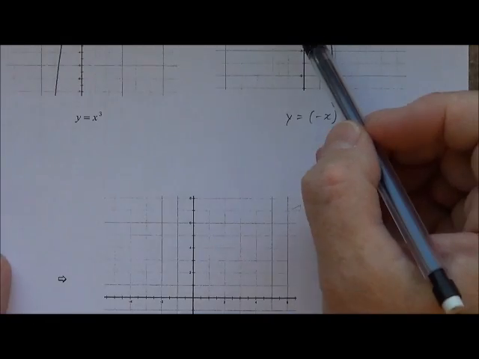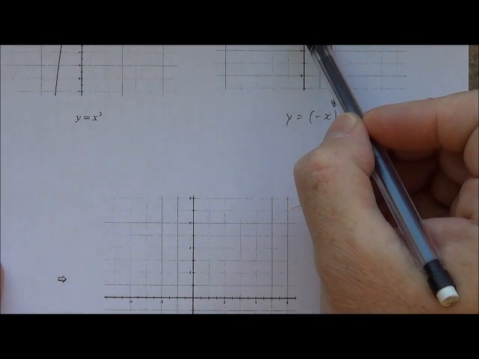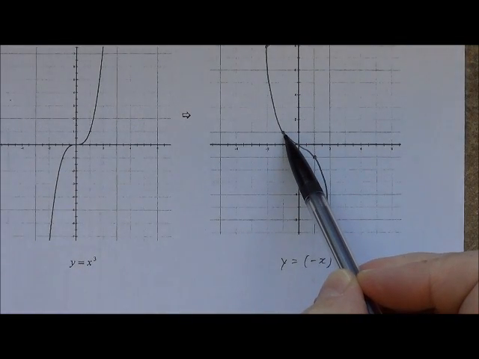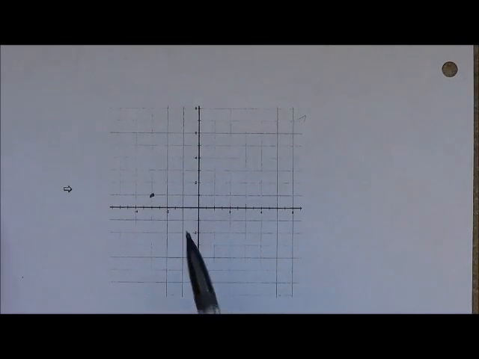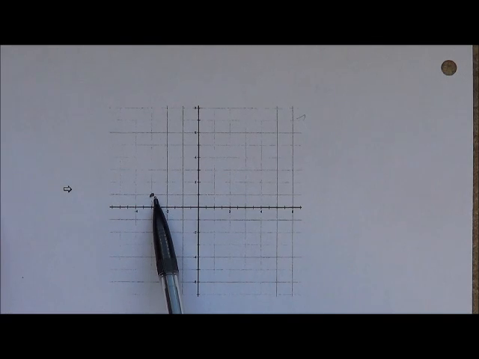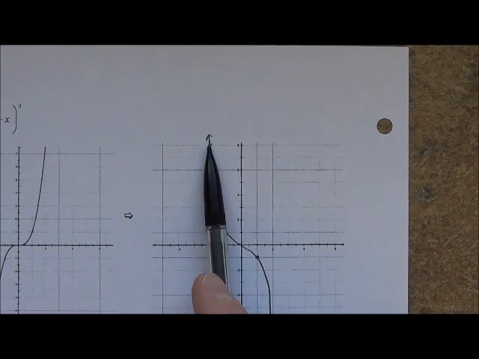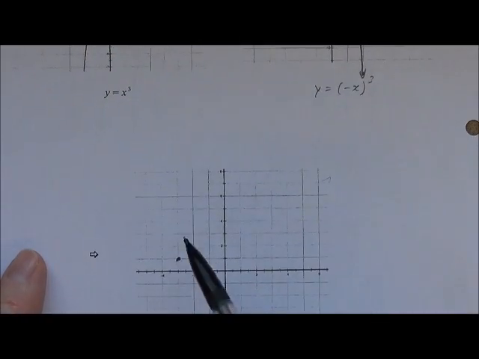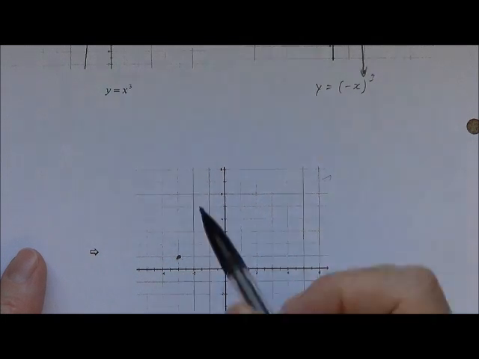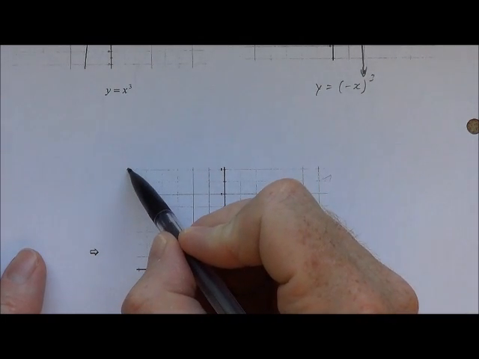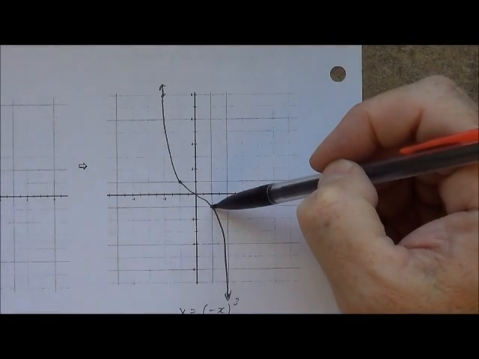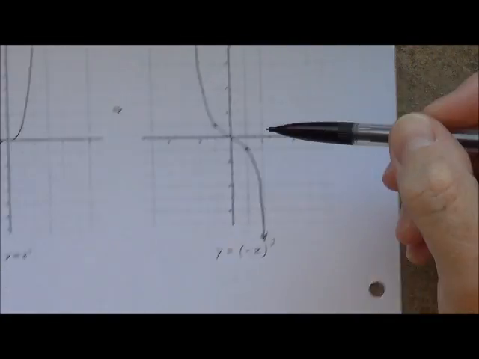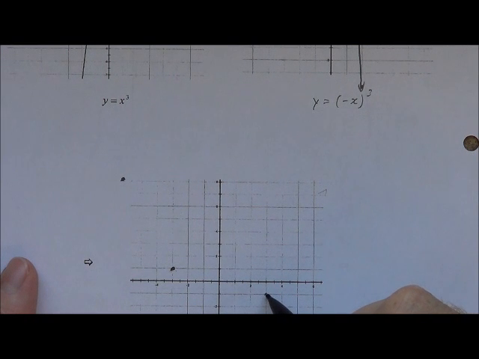Okay, so this point at negative 1, 1 becomes negative 3, 1, right there. The point at negative 2, 8 goes to negative 6, 8, which is way out here. The point at 1, -1 becomes 3, -1.